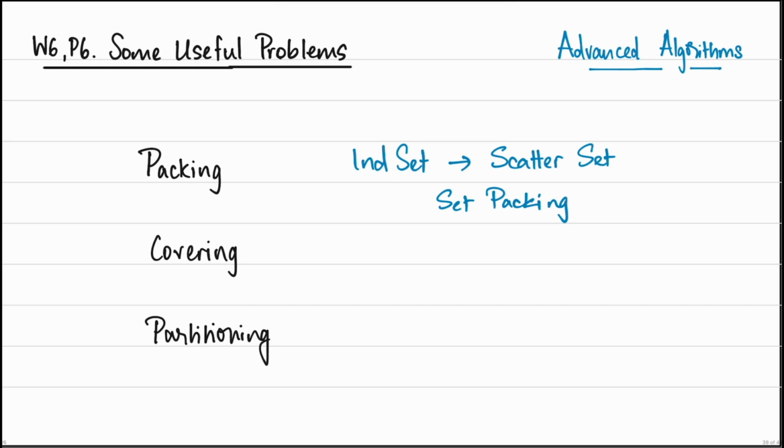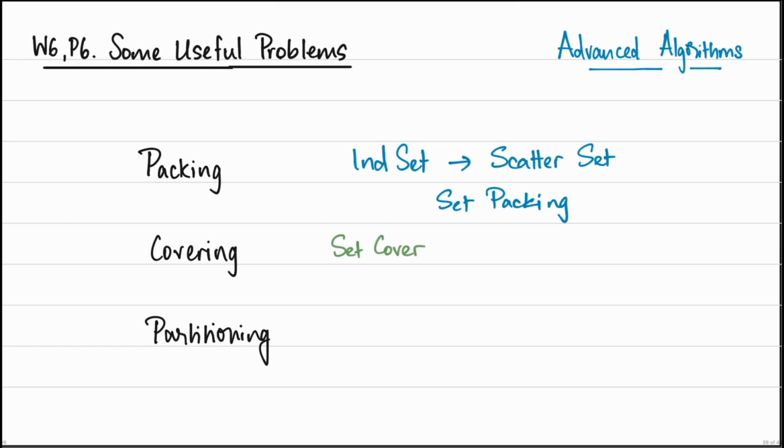So there are any number of variations on the set packing theme, and it turns out that most variations of set packing are quite hard, even in fairly restricted conditions. In terms of covering, we have seen problems like set cover, for instance, when we were doing dynamic programming.